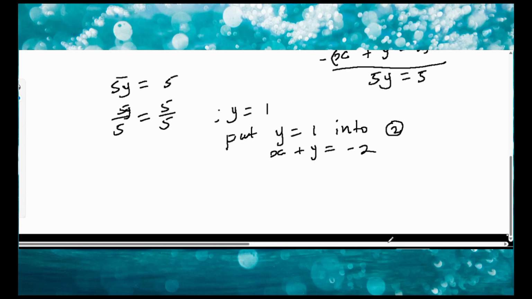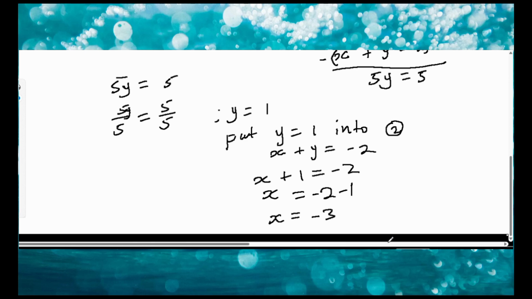So if I put 1 in place of y, we're going to have x plus 1 equal to minus 2. So I want to make x the subject. I'll need to send this 1 across the equality sign. The 1 is positive. When it crosses the equality sign, the positive sign changes to negative, right? So we're going to have negative 1, and then x will be equal to minus 2 minus 1. That will give us minus 3.